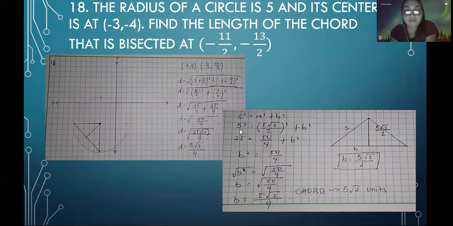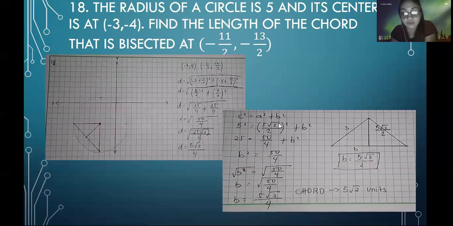Substitute the value of c, which is 5, equals to the value of a squared, which is 5 square root of 2 over 2, then plus b squared. So 5 squared is equal to 25.